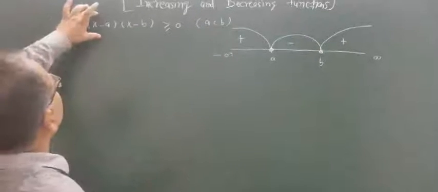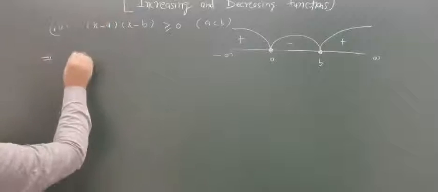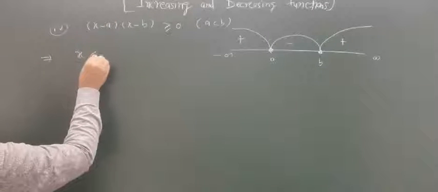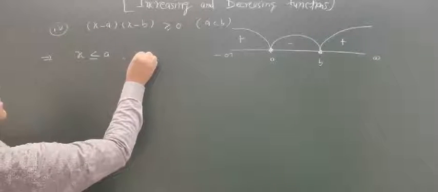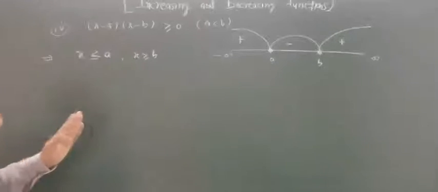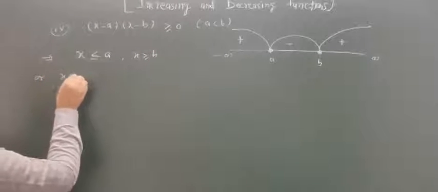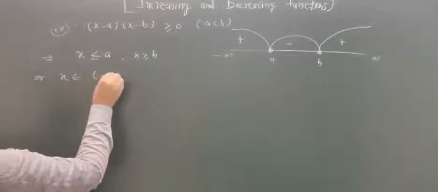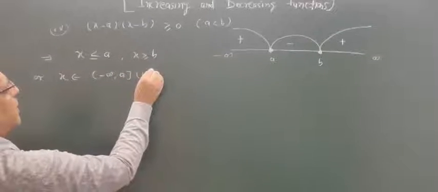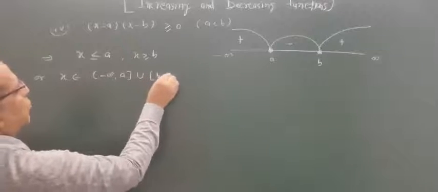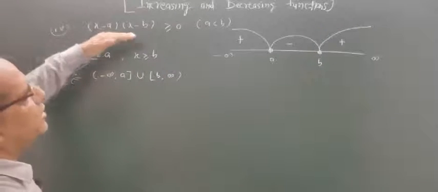So for the satisfactory value for this type of equation, x should be less than or equal to a and x greater than or equal to b, because a and b both are included there, or x belongs to minus infinity to a union b to infinity. This is the solution of this inequation.